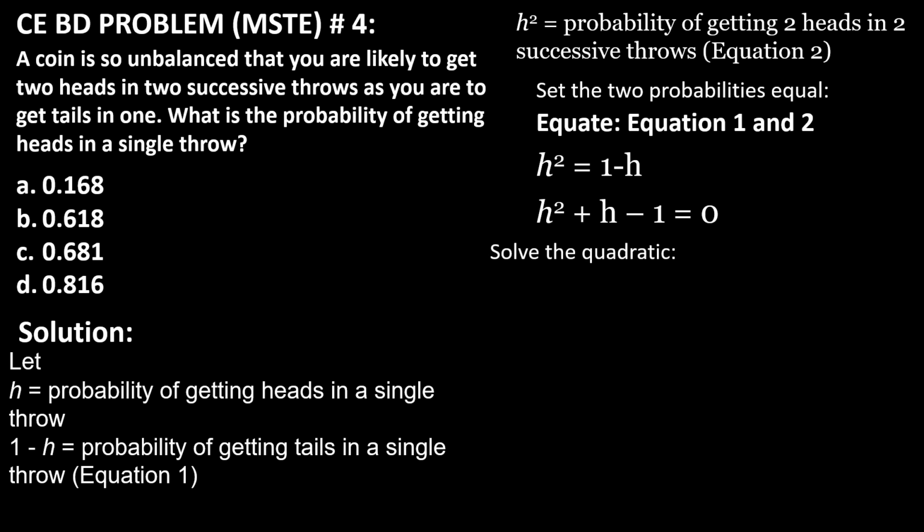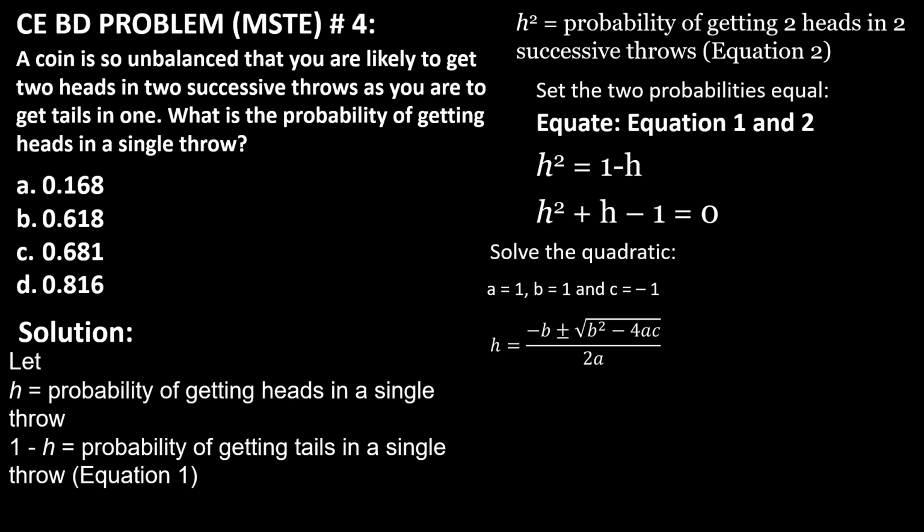Finally, we can now solve for the roots of our quadratic equation h squared plus h minus 1 equals 0. As we can see, based on our given quadratic equation, the value of a is equal to 1, b is equal to 1, and c equals negative 1.